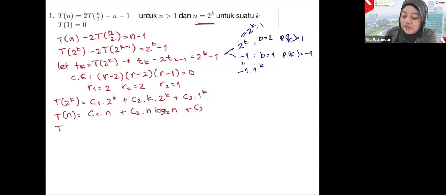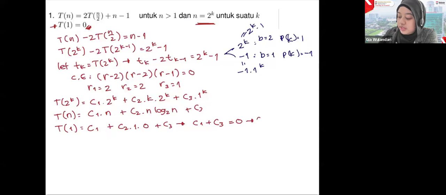And now, because we already have Tn, we can substitute the base case. So T1 is C1 plus C2 times 1 times 0 plus C3. It means we have C1 plus 0 plus C3 equals to, here we have 0.